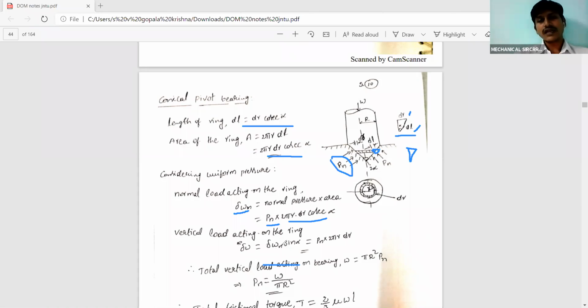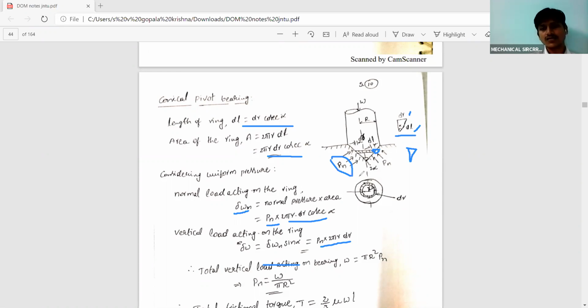So that is del W equals del W suffix n sin alpha, that is Pn 2 pi r dr. The vertical load W acts on our ring, and the del W value depends upon the normal pressure.